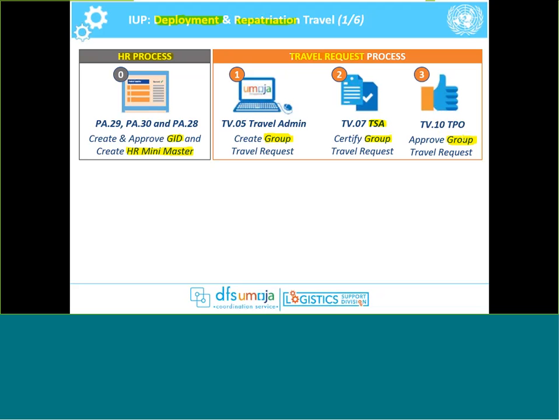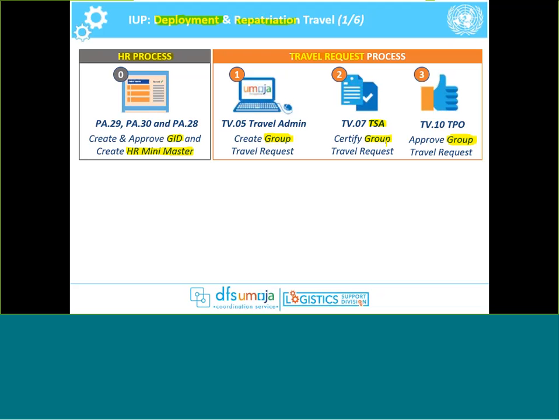The key point here that affects you is that once the TPO approves this group travel request, the system will automatically generate one individual travel request, with an individual TR number, for each of the uniformed personnel that have been included in this group travel request.